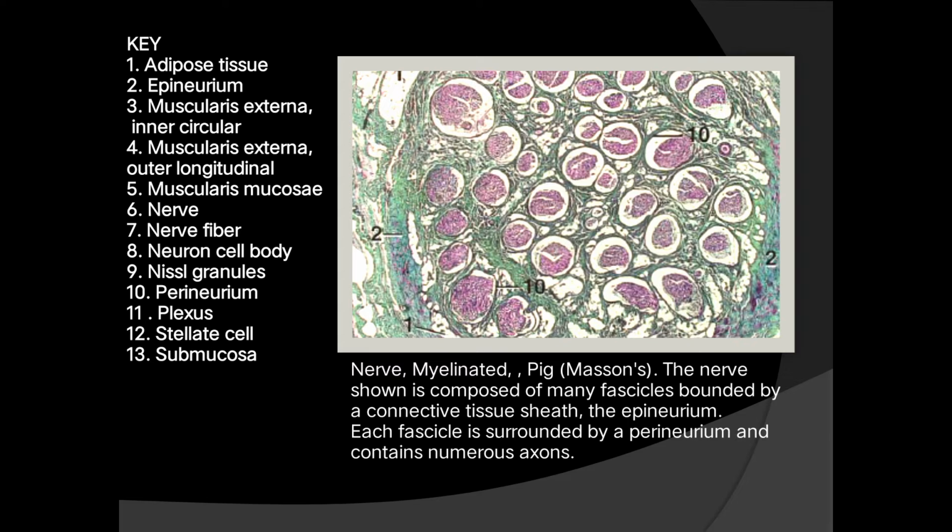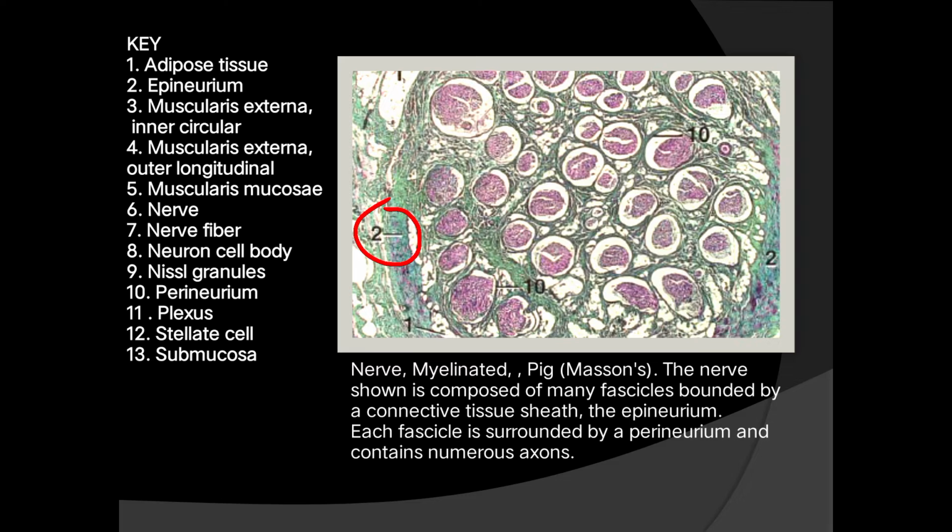Now in this photograph we can see the myelinated nerve of the pig, and this is Masson's trichrome staining, showing the collagen fiber also. Number 2 is showing the epineurium, like we have seen in the muscle. Endoneurium, perineurium, and then epineurium.